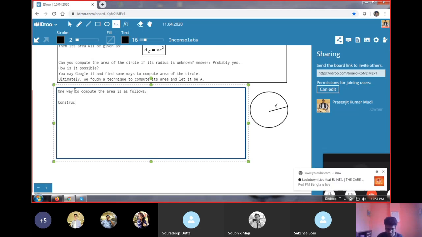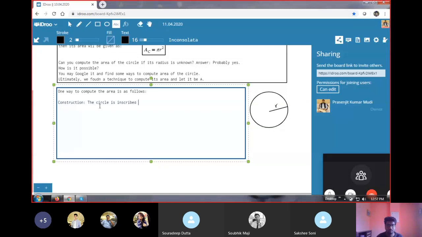Construction: a square is inscribed inside.